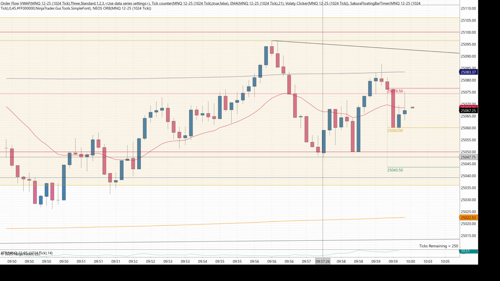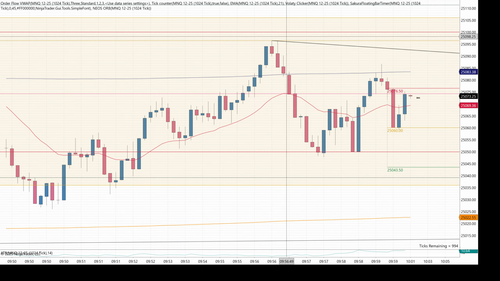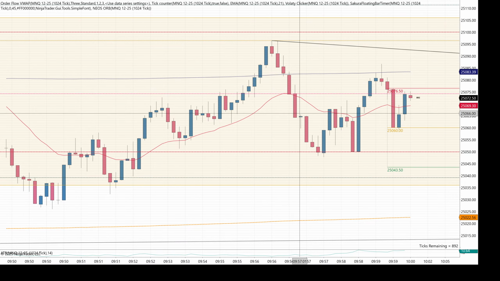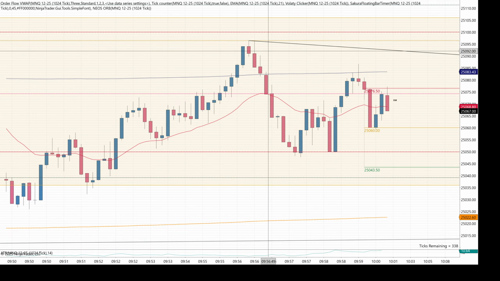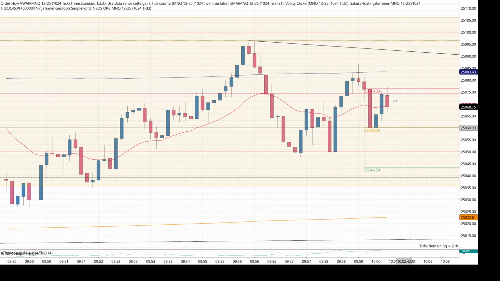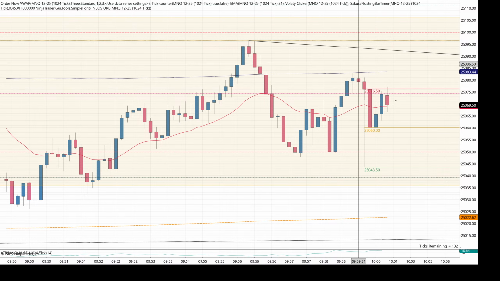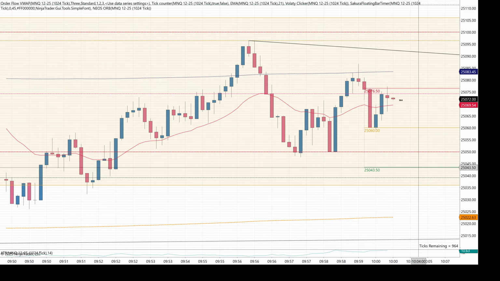If we break this low down here at 47.75, the golden ruler will move down to this swing low, and then we will be in an actual downtrend, because the definition of a downtrend is lower highs and lower lows. So we have a lower high here. We don't have our lower low yet, right?